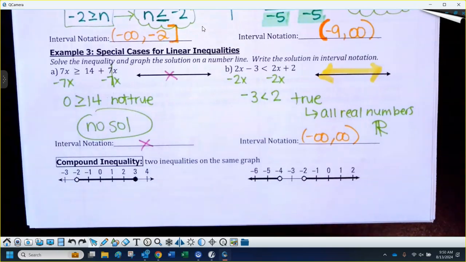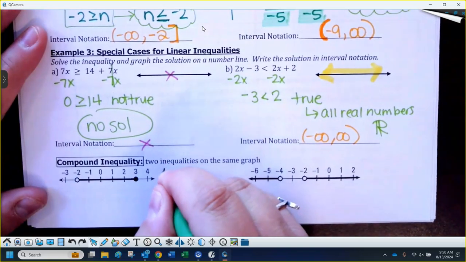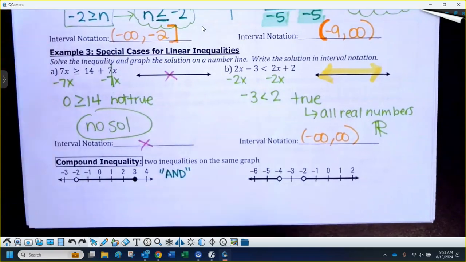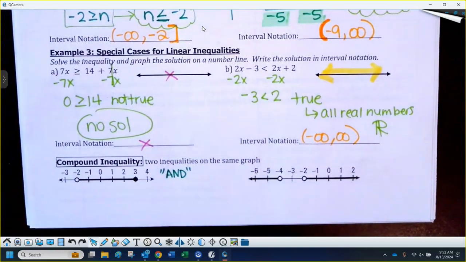Okay, now at the bottom here I've got compound inequality. We've just been doing a single inequality. We're going to do compound. I put a little picture of each. The first picture is what we would call an AND statement, where basically you're going to be between two values. You can technically write this as two separate inequalities, but I'm going to write this as a single inequality to make it a little easier to work with.